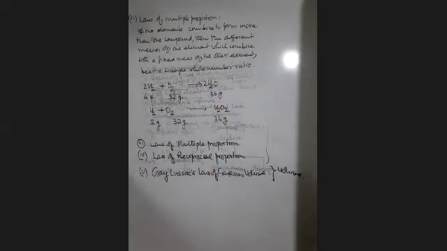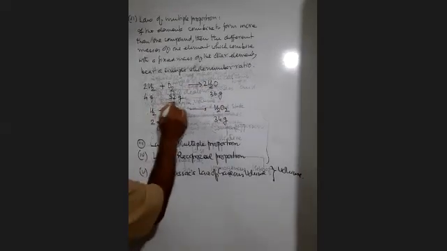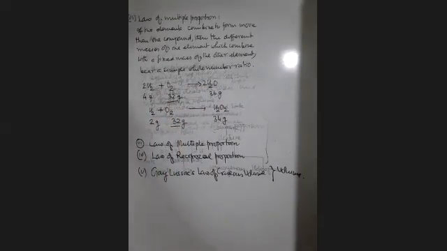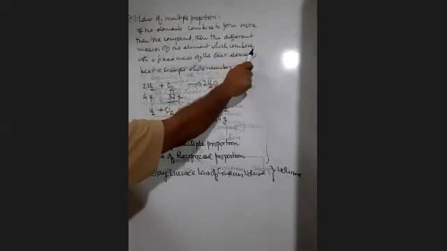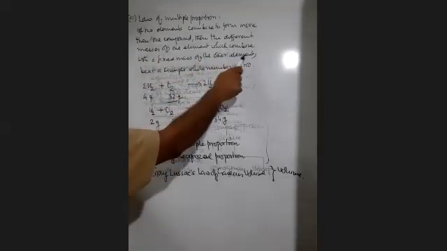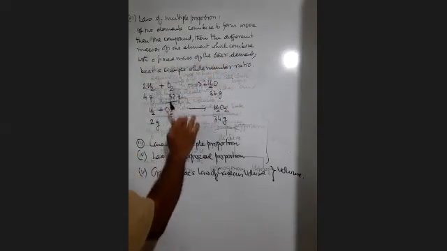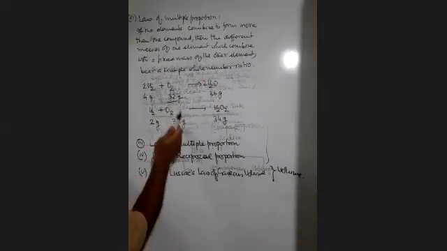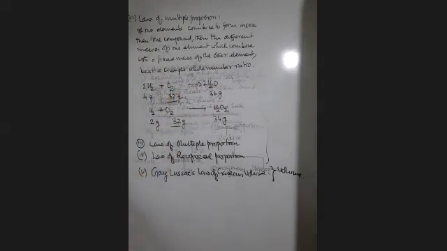Okay, now see. Both of them have the same weight of oxygen: 4 gram combines with 32 gram of oxygen and 2 gram combines with 32 gram of oxygen. So what does it say? The masses of one element which combine with the fixed mass of the other element. So both of them are fixed. Because it is similar, I have taken fixed.